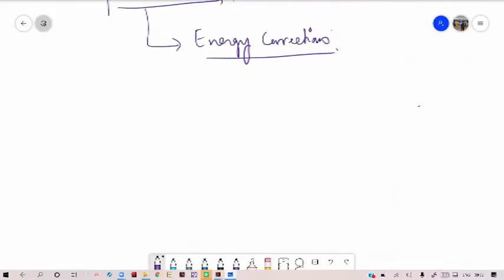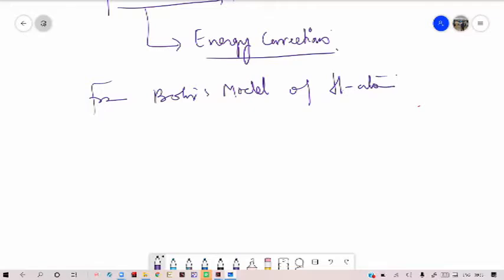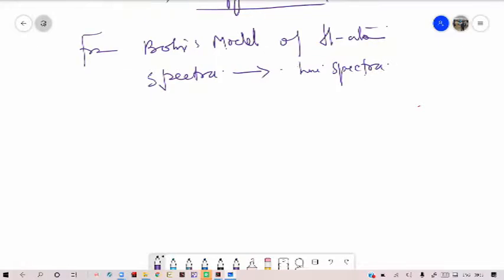And corrections to what? If you remember from Bohr's model of the hydrogen atom, we discussed the hydrogen spectra, and we saw that there is a line spectrum which corresponds to different n, different l.